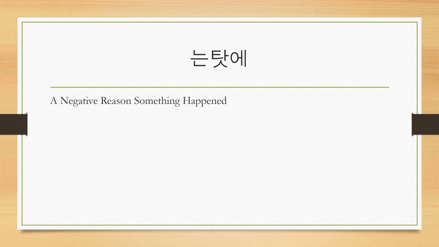And finally, we have 는 탓에. So another reason, but this one's a negative one, all right? So basically, it is an external reason for something, and it's not a good one. It's a negative.